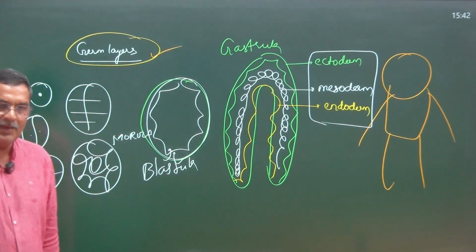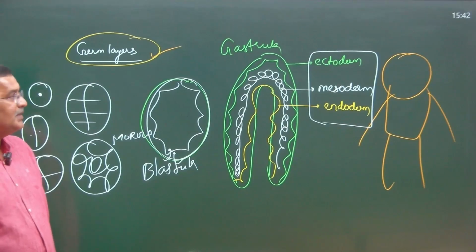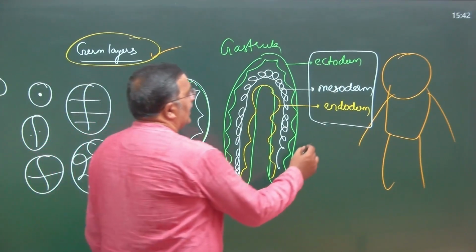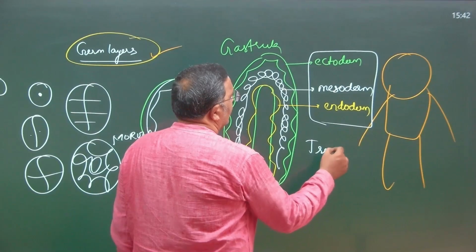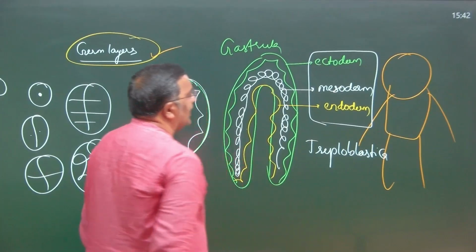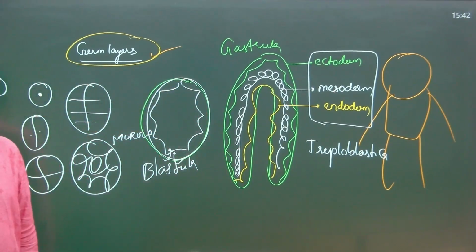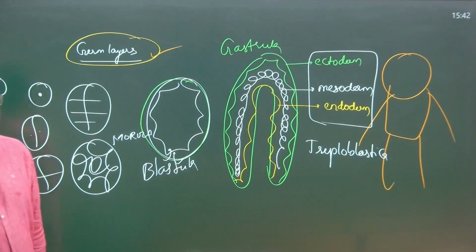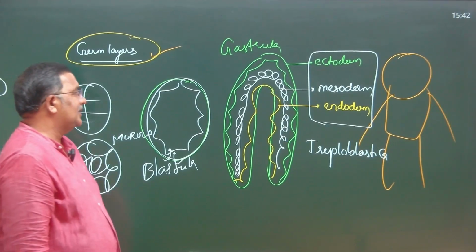Ectoderm, endoderm, mesoderm. The kind of organisms having three germ layers, we call triploblastica. Tri means three. Three germ layers present, we call it triploblastica.